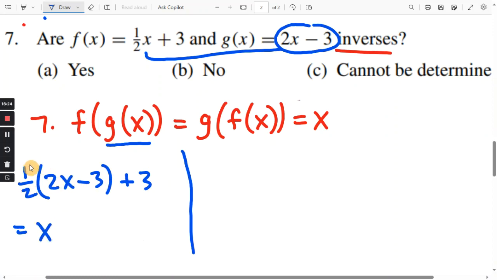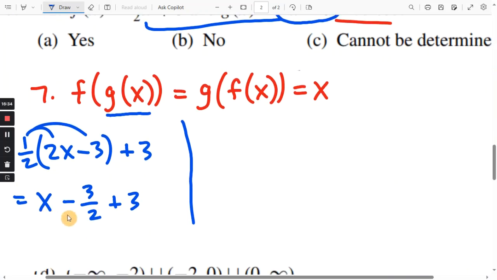And 1/2 times negative 3 is negative 3/2. And then we have plus 3. I can see already that's not going to equal x. Negative 3/2 plus 3 is going to be positive 3/2, which does not equal x. So the answer is definitely a no.